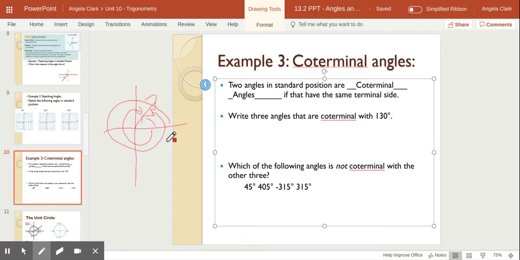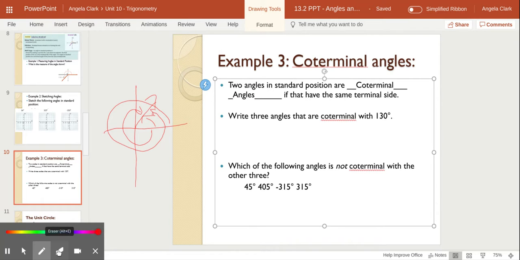We know that a full revolution around the circle is 360 degrees. So anytime I add or subtract 360 degrees from my angle, I'm finding a coterminal angle. That's literally all you have to do to find a coterminal angle: add or subtract 360 degrees, or if you're in radians, 2 pi.